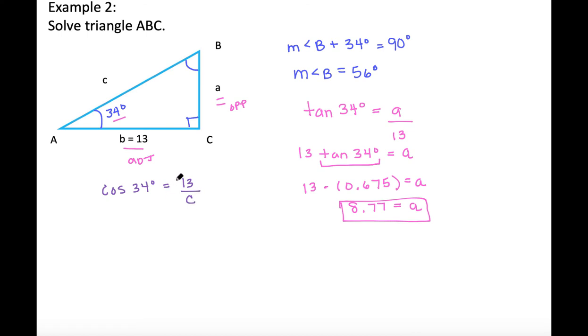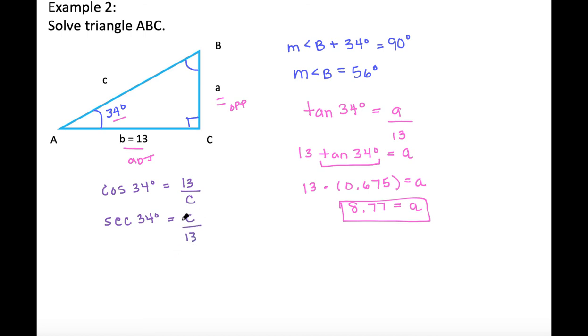An alternative way would be to set this up where our variable is in the numerator, which is looking at the relationship or the ratio for the hypotenuse divided by the adjacent side. So the hypotenuse divided by adjacent is actually the secant function. So the secant function of 34 degrees is equal to c divided by 13.